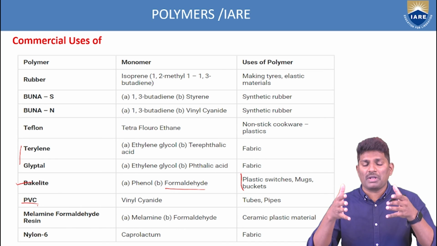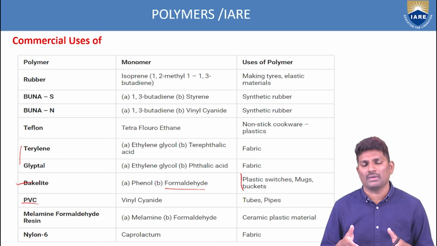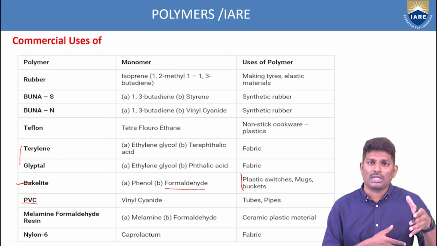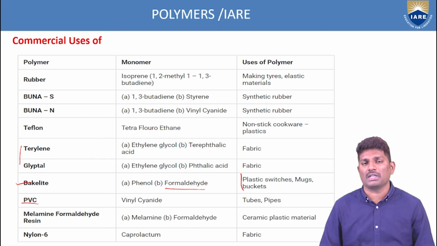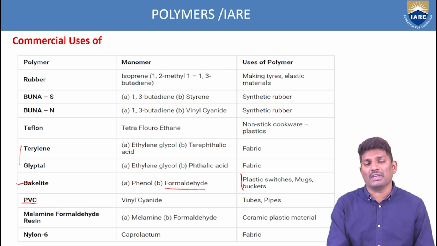So depending upon your application, you can select what type of polymer to use. These are all the different types of commercial polymers available. Again, these polymers have been classified based upon the monomers inside the material, and based upon these two, the applications have been classified.